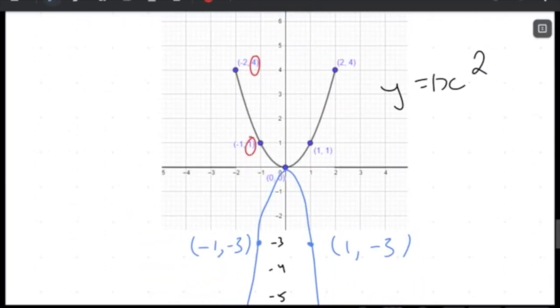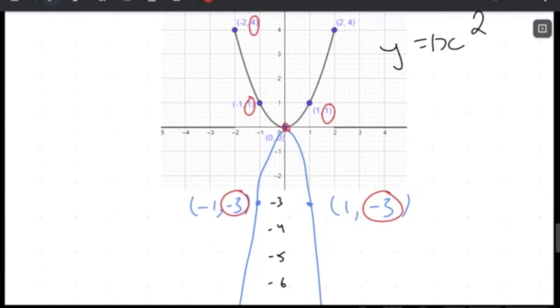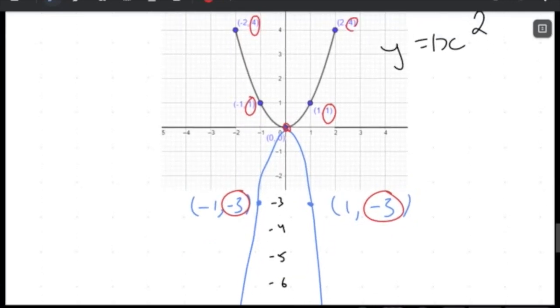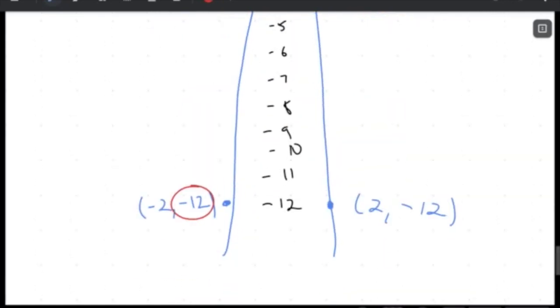Scaling 1 by a factor of -3 gives me -3. We get the same thing happening with these zeros here, but I have 1, I'm scaling 1 by -3 again, same thing as before, and I'm scaling 4 by a factor of -3 again. 4 times -3 gives me -12.